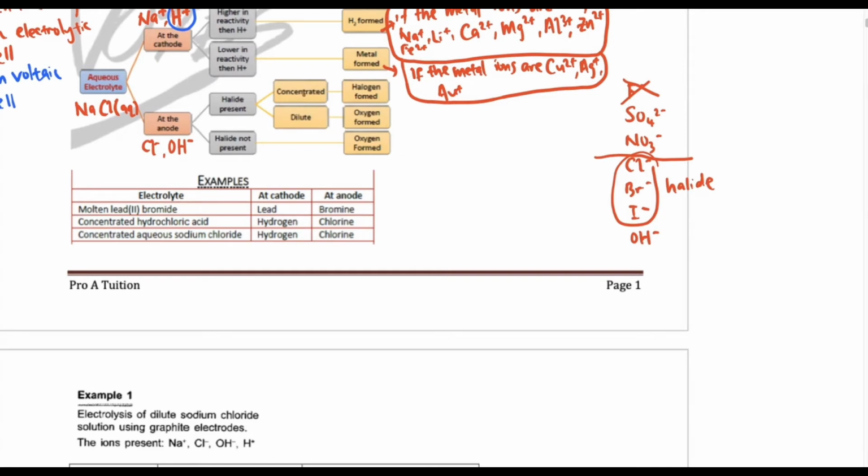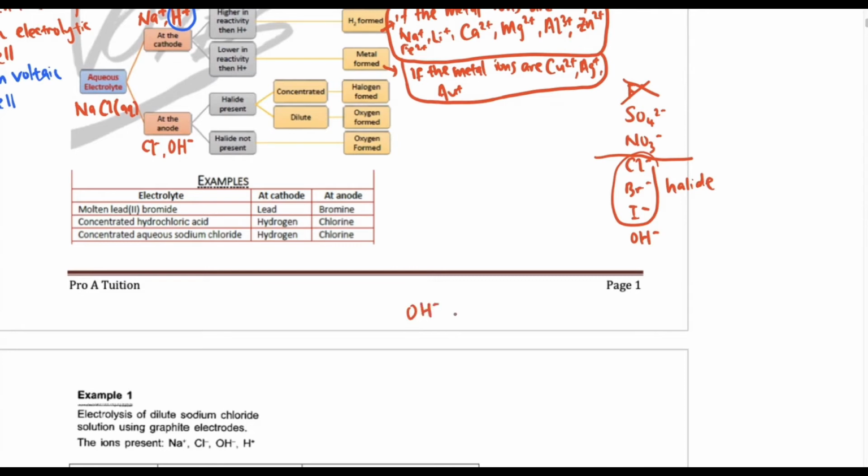But if it's dilute, then you don't choose the halide, but you choose the hydroxide to form product. Hydroxide will form oxygen as one of the products. So the equation is something like this.